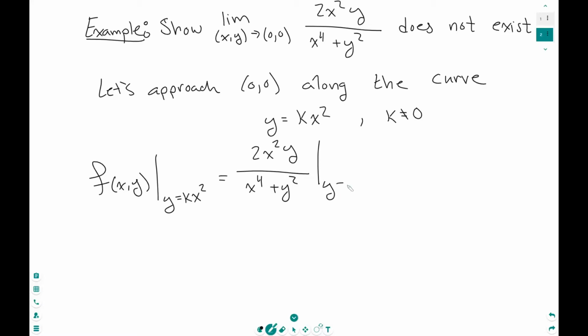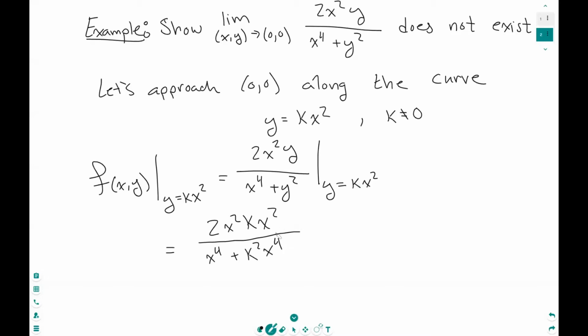And then I'm evaluating at y is equal to k times x squared. Wherever I see a y, I just plug in this k x squared. So in the numerator, I get 2x squared times k times x squared. In the denominator, I get x to the fourth plus k squared x to the fourth.